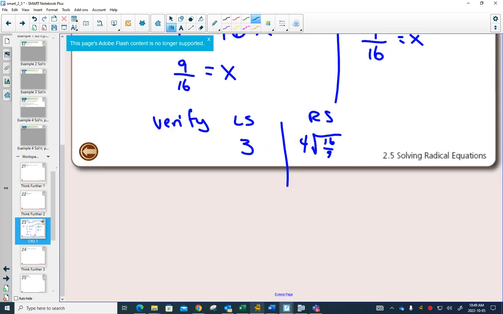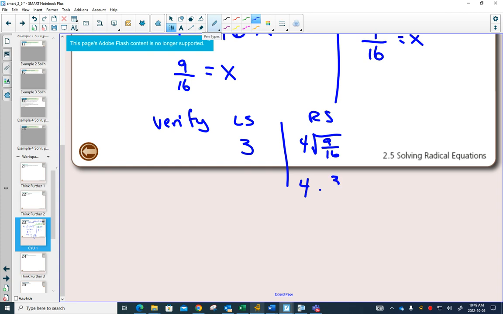The square root of 16 over 9 is the same as the square root of 16 over the square root of 9, so that would be 4 and 3. Did I make, oh, it's 9 over 16. Wow. I was like, oh, it's not going to work. Well, it doesn't work if you verify and plug in the wrong number. That is for sure. This is 9 over 16.